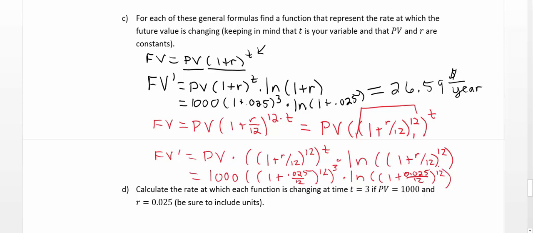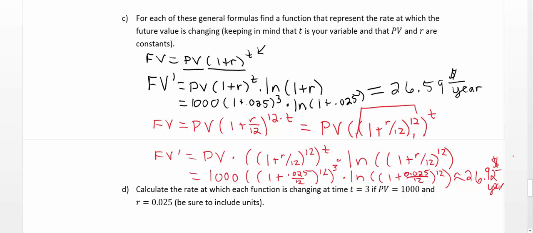Close the parentheses there. Again, we're going to carefully plug everything in. And when we crunch that number, we get that we're increasing at approximately $26.92 per year. So dollars per year.